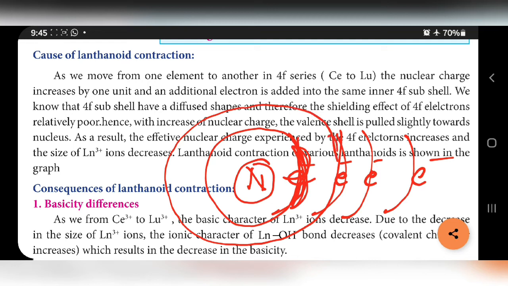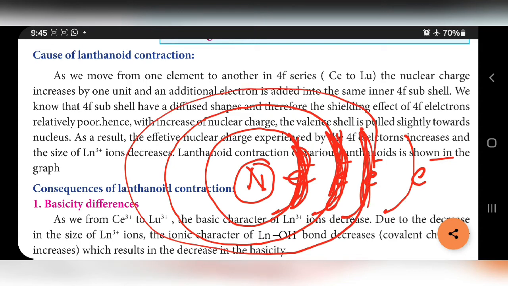If these electrons shield properly, the attractive force between this nucleus and this electron decreases. But for the f electron, shielding is poor, so it cannot shield properly.